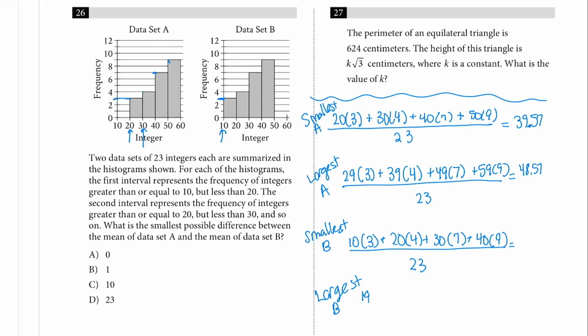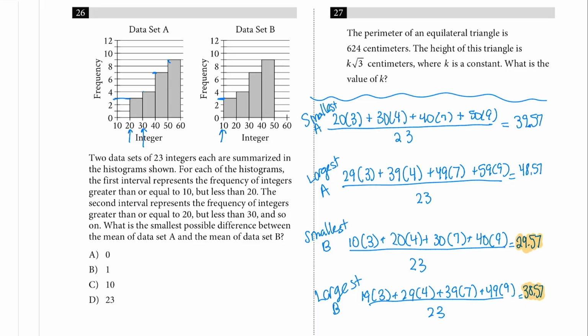That's going to be 19 times 3, 29 times 4, 39 times 7, and 49 times 9, also divided by 23. Let's go figure out what these values are. So the two values I'm getting are 29.57 and 38.57.